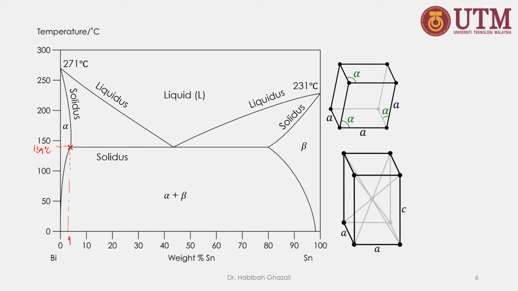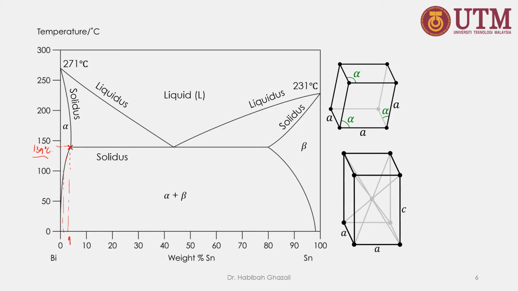So only 4% maximum of tin can reside in the bismuth crystal structure, and that is at 139 degrees Celsius. As you can see, as the temperature drops, let's say to 100 degrees Celsius, this solubility limit will drop. It means that at 100 degrees Celsius, only about 1% of tin can reside in the crystal structure of bismuth.